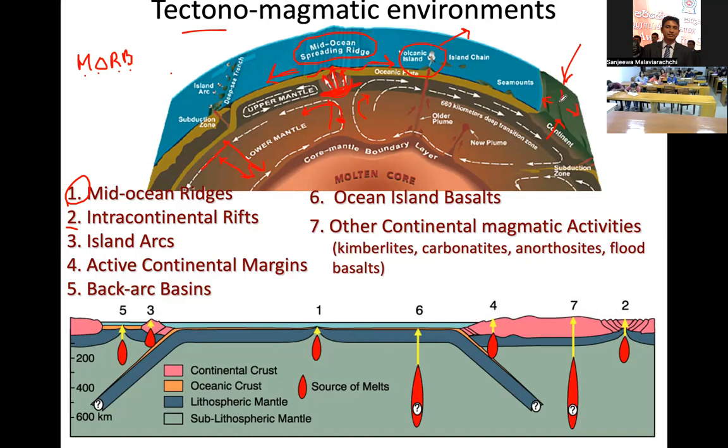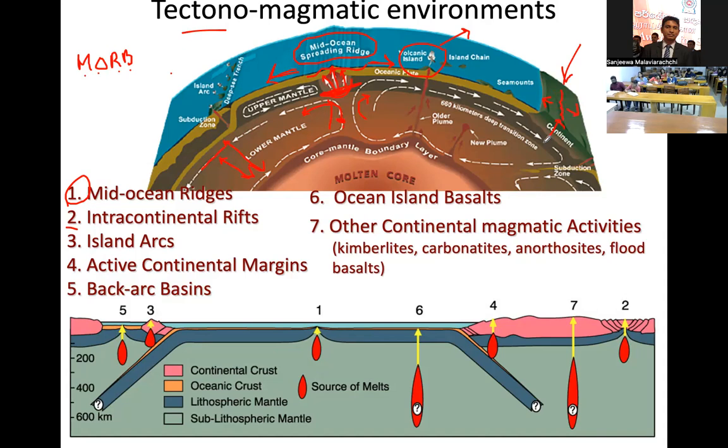There can be some weak zone generated here. That means there can be some fractures or rifts formed. We call them rift zones, right? This extension should first occur there and start weakening this area, right?